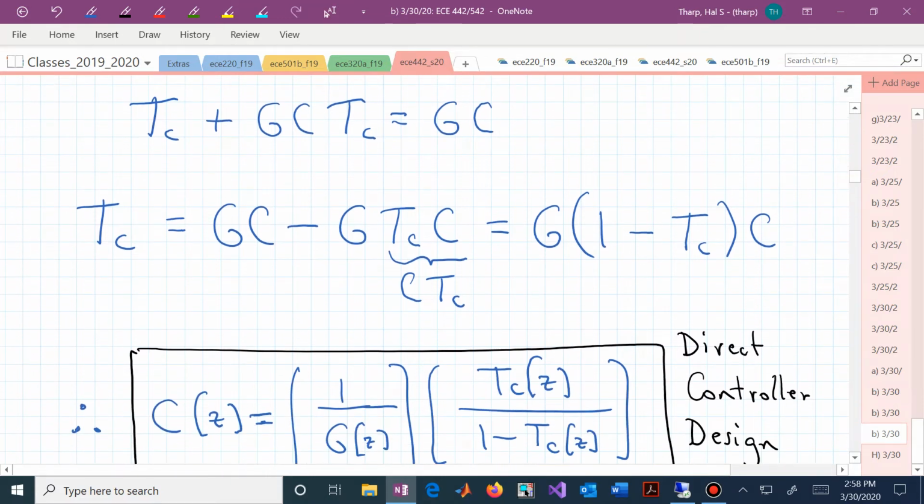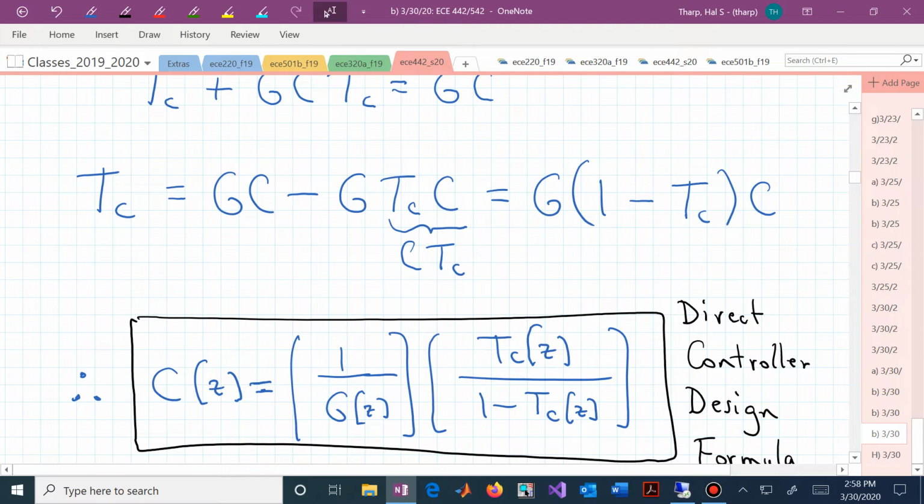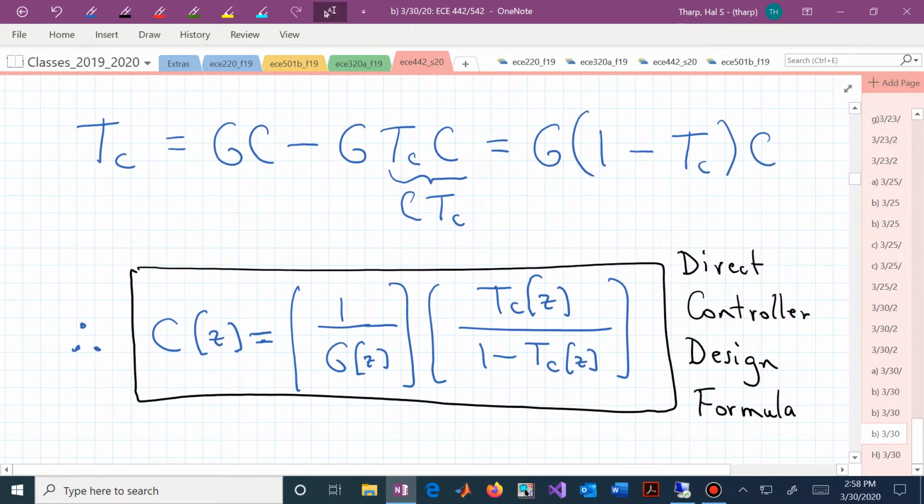This now allows us to divide both sides by 1 minus t sub c and divide by g, or simply solve for c. C is now t sub c divided by g of z times 1 minus t sub c of z, and that is the direct controller design formula that we were after at the beginning.